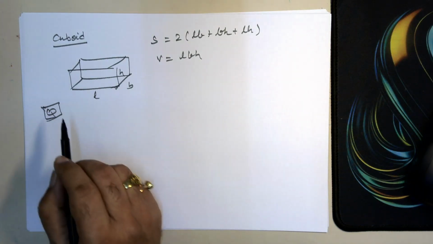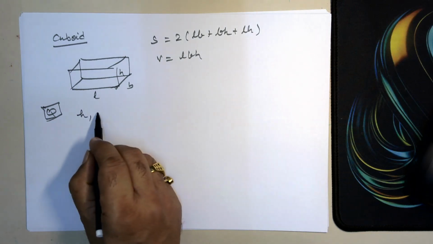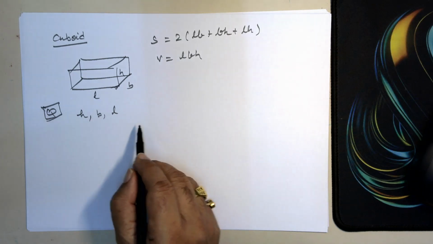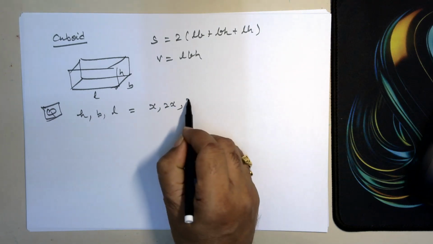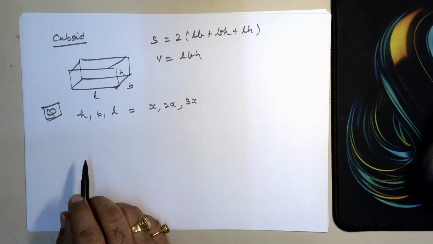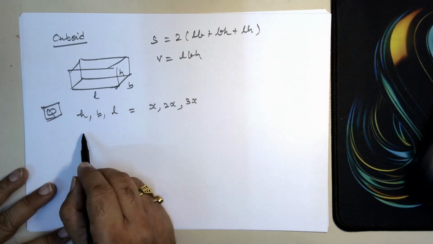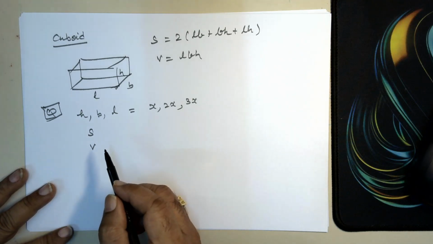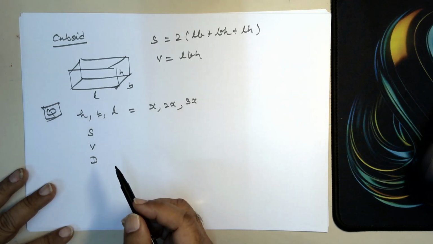Now, question. If the height, breadth, length of a variable cuboid are x, 2x, 3x respectively, find the rate with which its surface area, volume, diagonal, let us put capital D, are increasing.